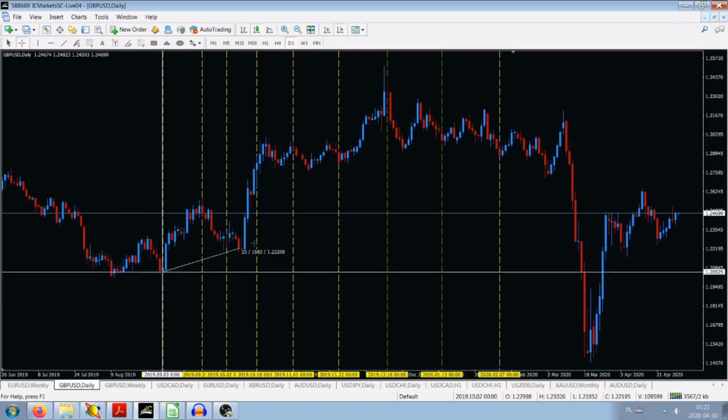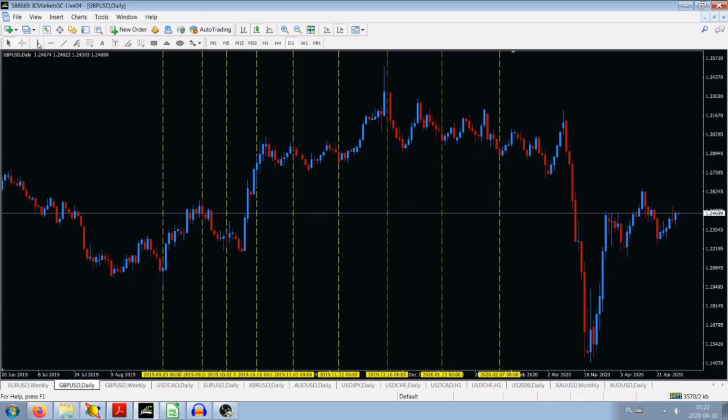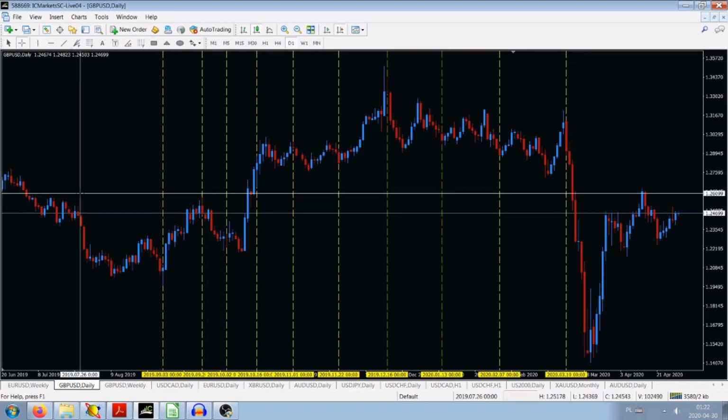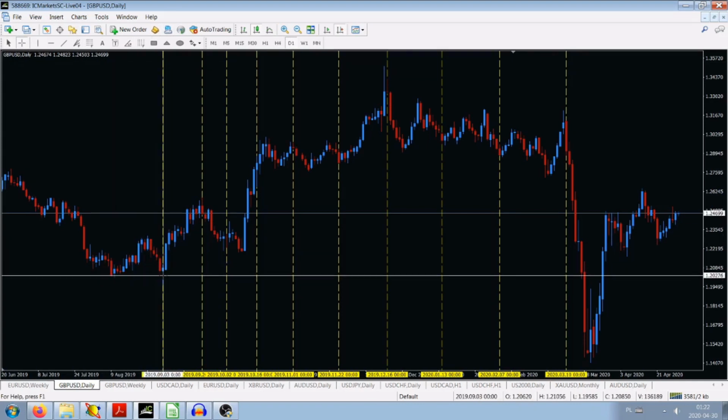From this bottom, 131, 132, 133. First candle of this waterfall, which happened on the 10th of March this year. Next one is 157. Let's count it. It's somewhere here. I remember, where is it? 157 is this candle.